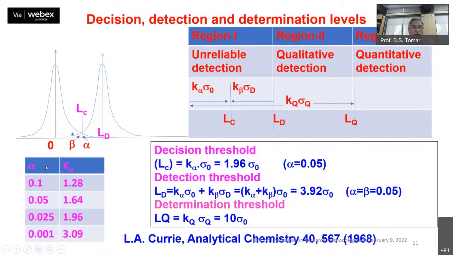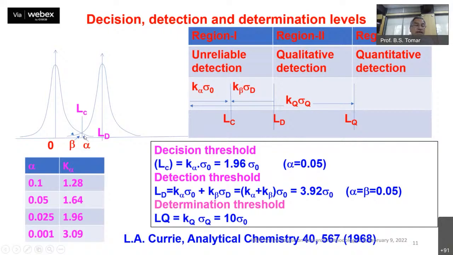If you recall the alpha in the Z statistics, depending upon the value of alpha, you have a different Z value. So this is nothing but the Z value, or we call it K alpha. That means when we say 5% uncertainty, it is 1.64 sigma away. So this horizontal bar refers to 1.64 sigma of the background.